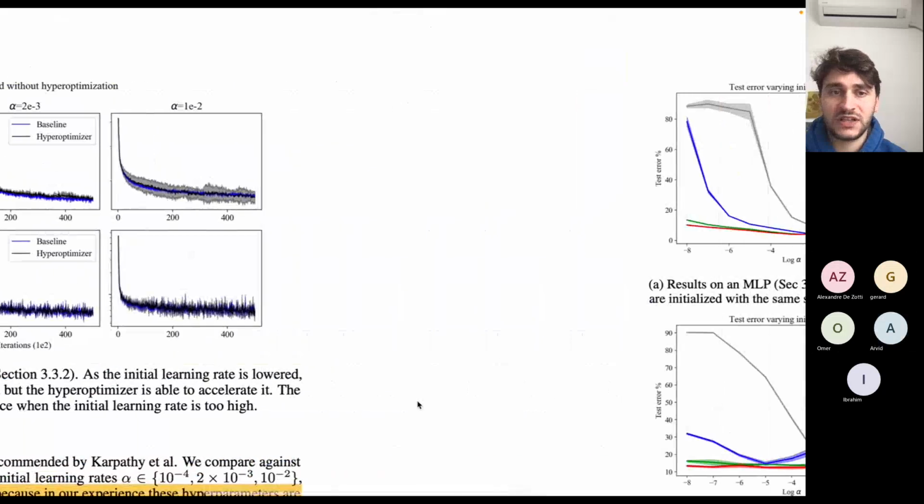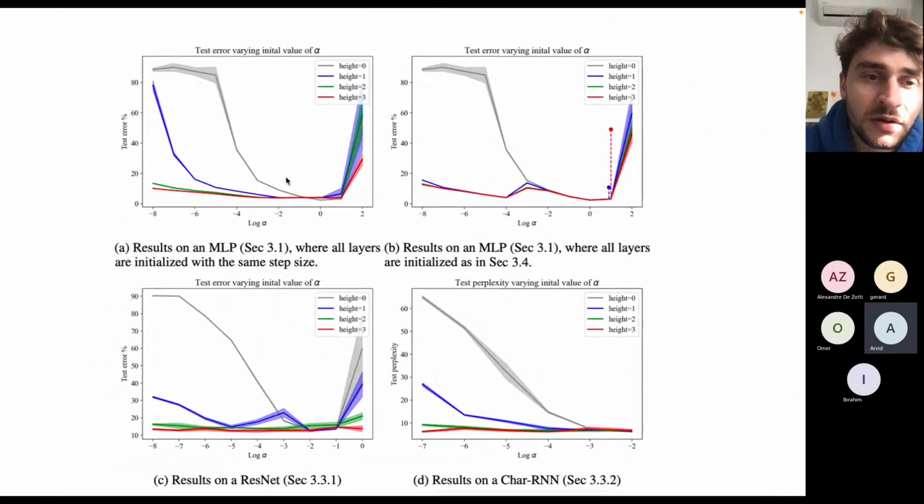So we can see the results here, where this is an indication of the magnitude of the learning rate, and then test error, and then you can see for different heights, so the depth of recursion of the stack. And what I thought was cool is for 2 and 3, you're always getting good test errors, even when you have really bad learning rate choices.